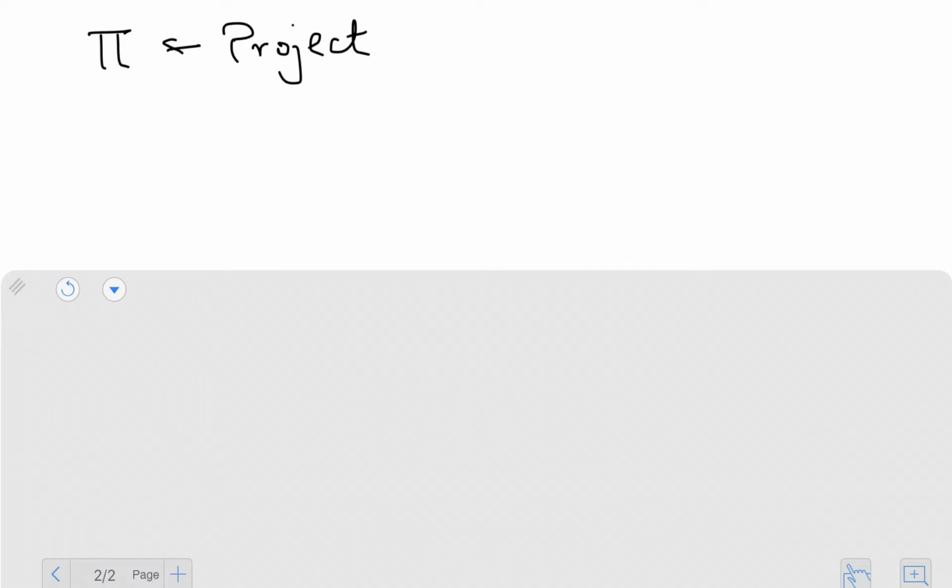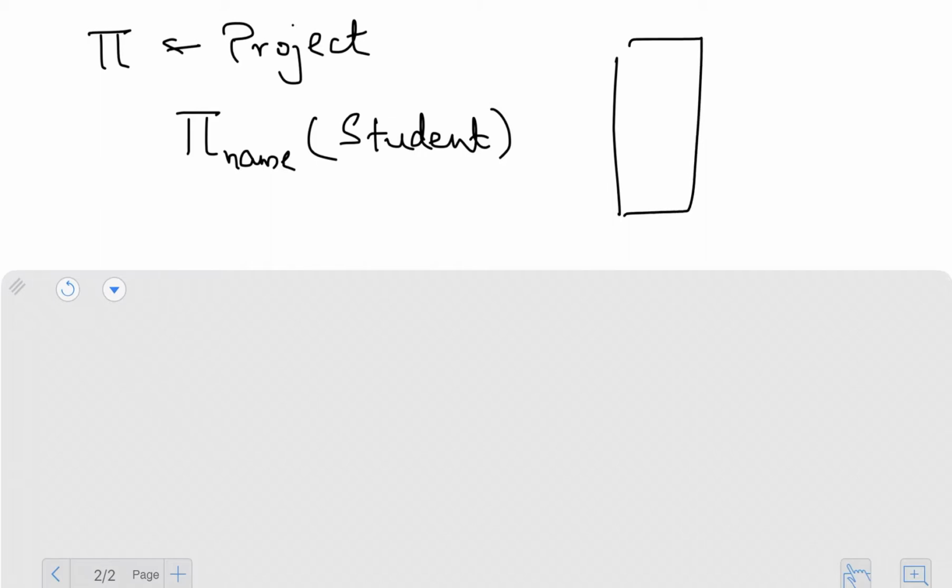So basically what I can say is project name, and here I can have any expression. So let's just say I put the entire student relation here. So that means that I'm going to get something like this, which is just the names. So there'll be one name, the next name, and so on. This will have the names of all students. So this is what this query is going to return.